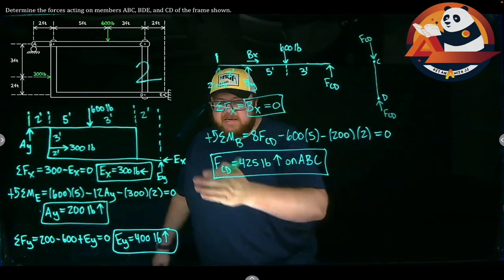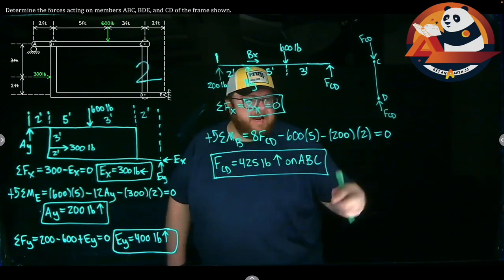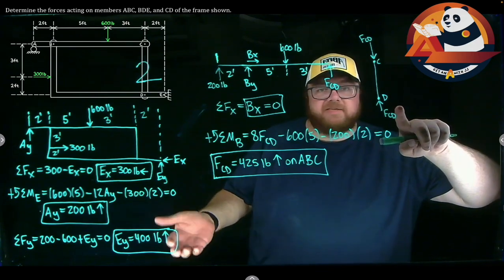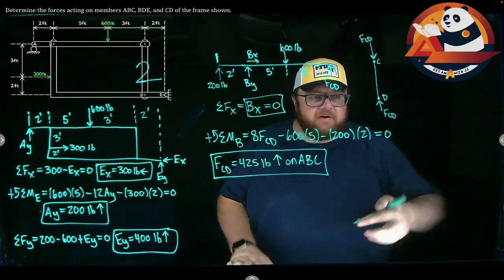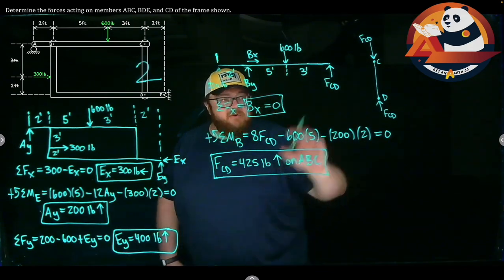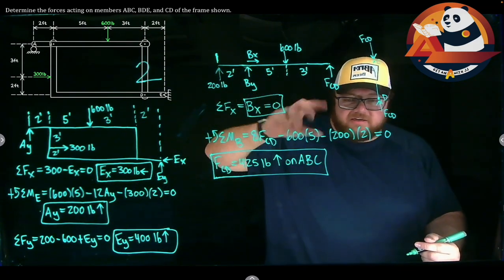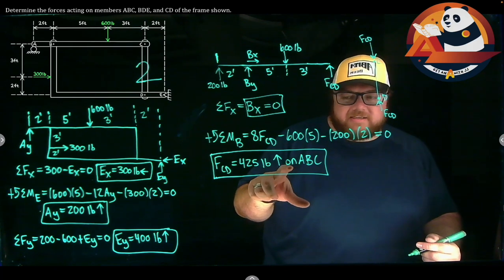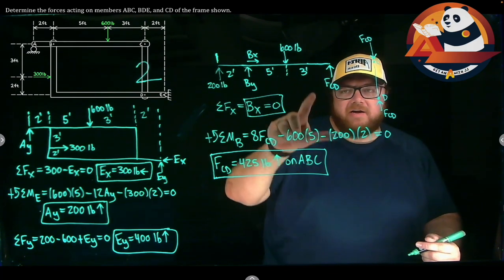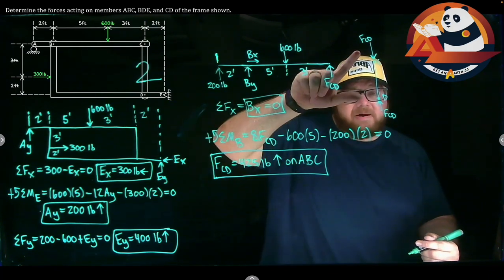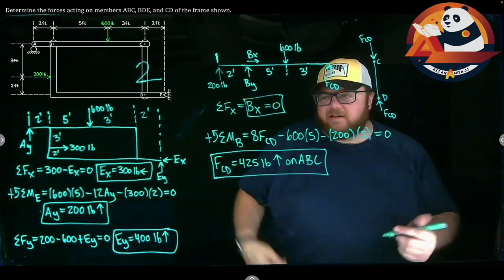If I drew a free body diagram of BDE, that angled member, I'd have an equal and opposite thing again here. I'd show it going down on BDE. But as I move from one member to the next, we got to get that equal and opposite, the direction change. That's really why we're establishing on which member we're talking about. Because if it's going up here, then there is a member where it's going down. We just want to be clear with that.